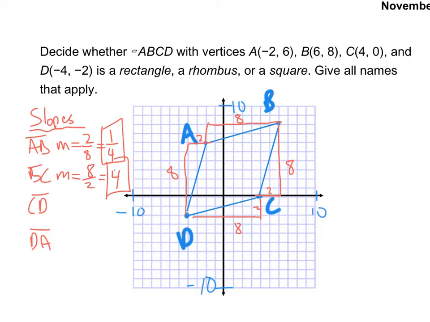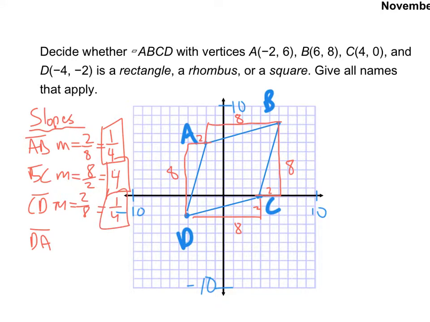All right. And then how about CD? Well, look at the rise and the run there. CD is this line. Again, even though I named this CD, it's going to the right. It's going up 2 over 8. So the slope is 2/8, which is 1/4.